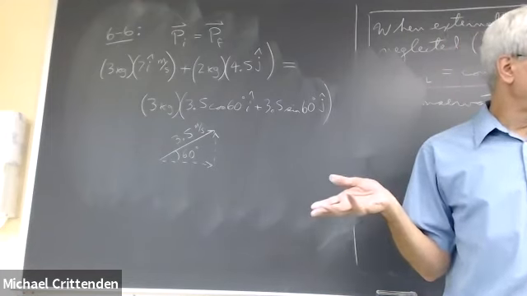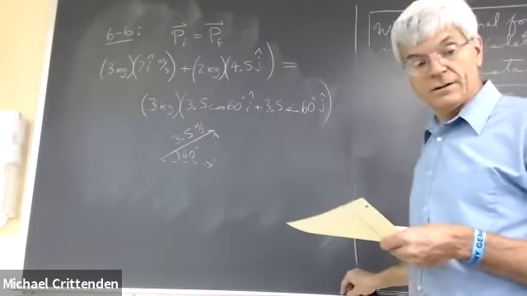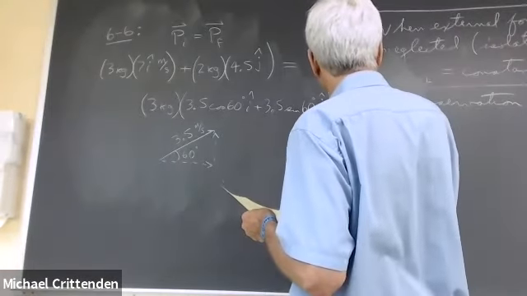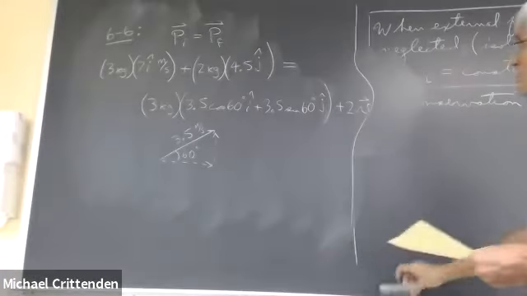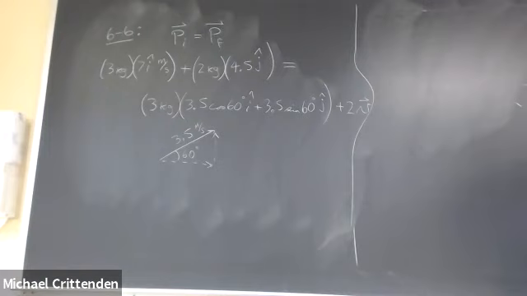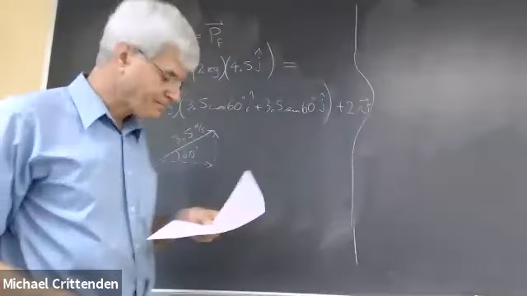The 2 kilogram object, its velocity is the unknown I'm looking for. So I'll just call its velocity v. And the idea is to solve for that.